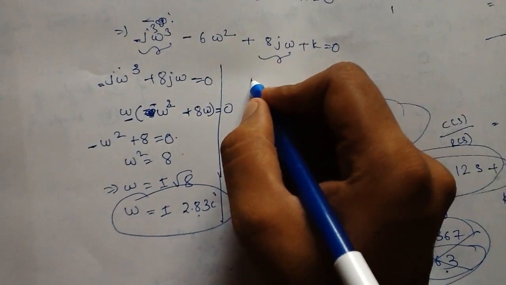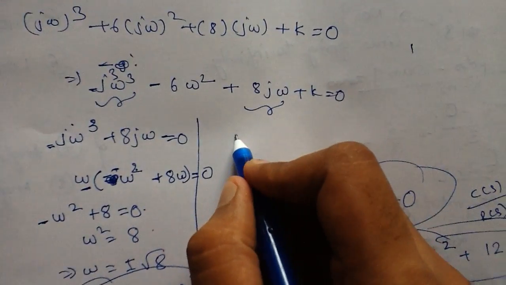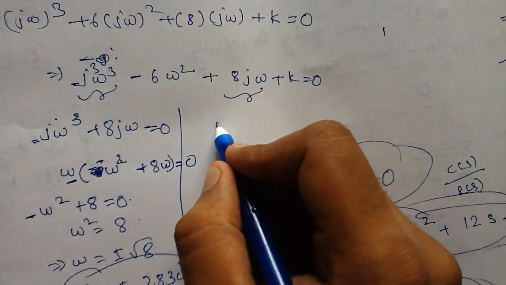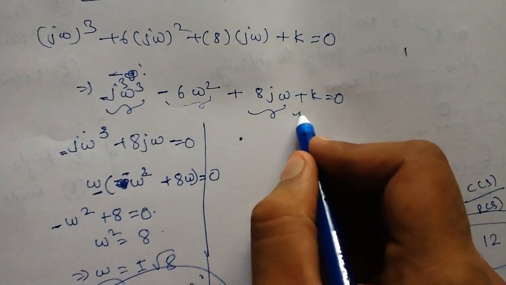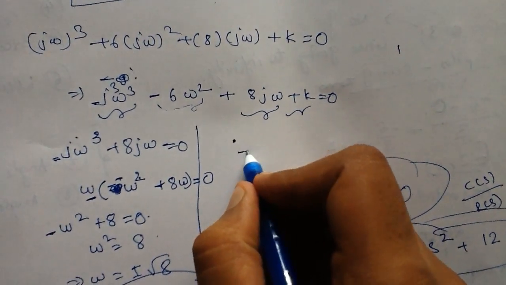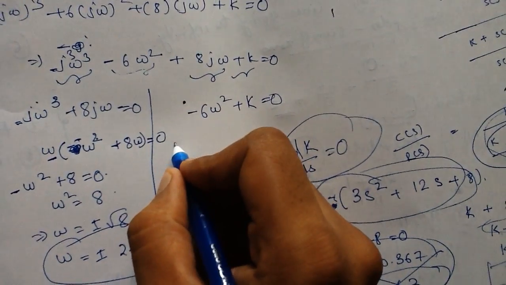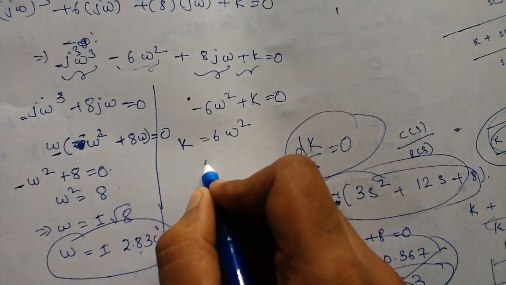Now I'm going to also find out the critical value of k. This is however optional and you need not find it out if it's not asked. For that I am going to equate the real parts to 0. Minus 6 omega square plus k is equal to 0. So k is equal to 6 omega square.